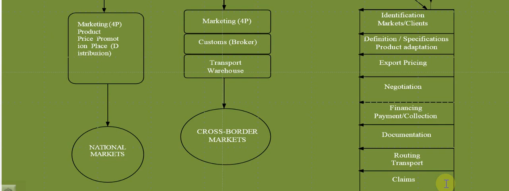And routing and transport, meaning we have to decide where to go with your product. You can arrange and plan the transport of your product. You have several customers, and you have to make a plan for transportation, which one first and which one second.